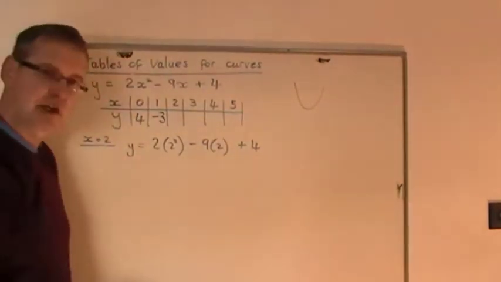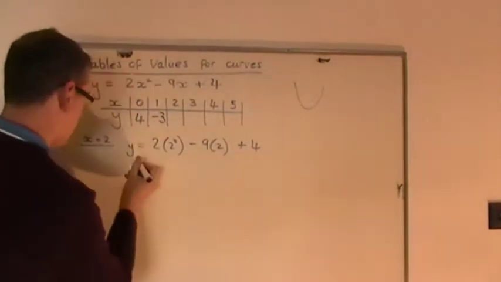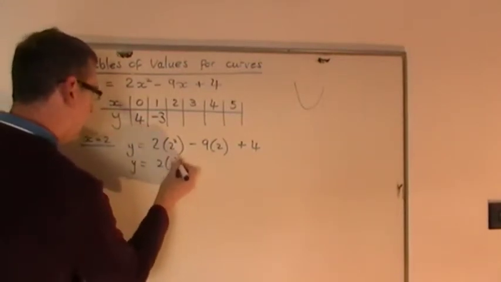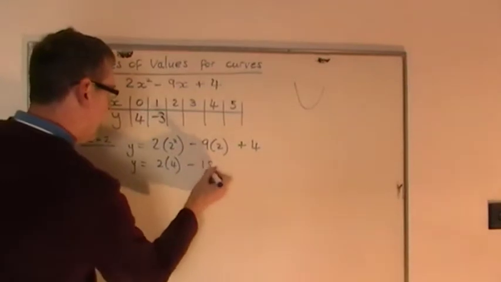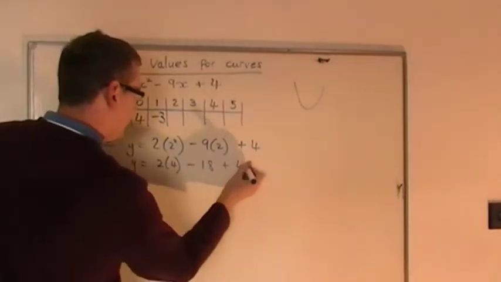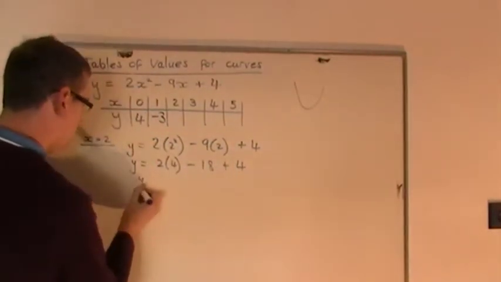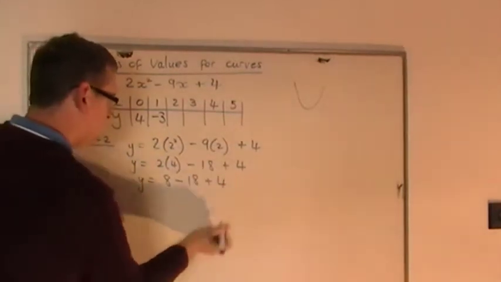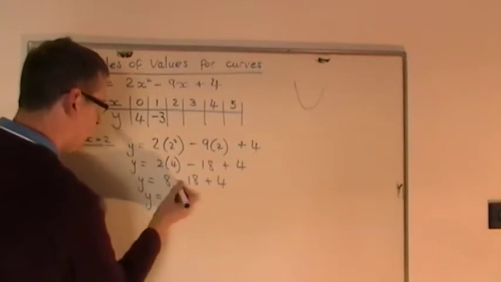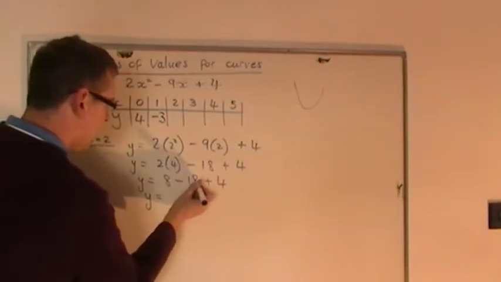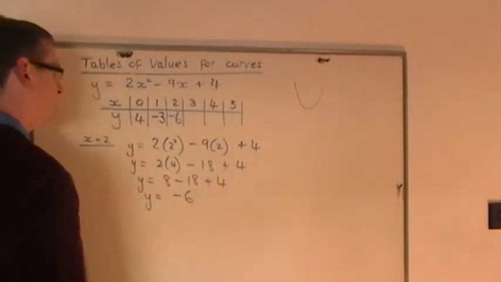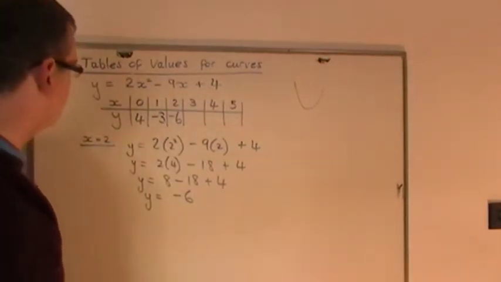So that's the calculation you've got to work out. So it's y equals 2 lots of 4, take away 18, plus 4. So y turns out to be 8 take 18 is minus 10, plus 4. That's minus 6. So minus 6 goes in that, like so.